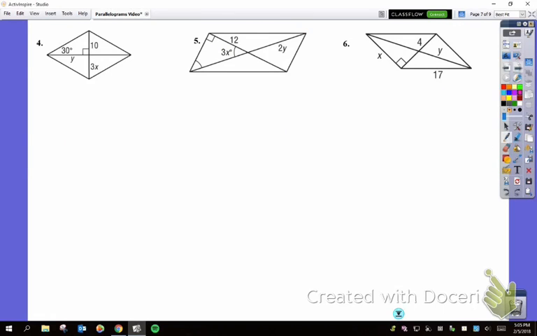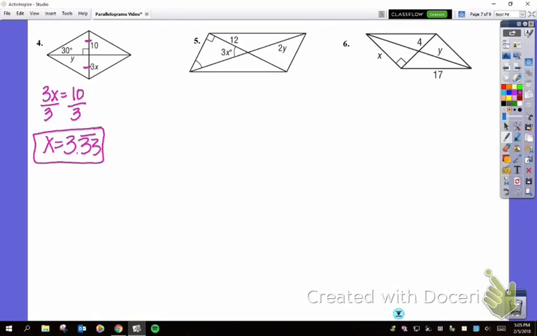Now, on example number 4, this one's where we get a little bit weird. We've got to look at our triangles. Now, we know that this piece is 10, which means it bisects this bottom into being equal parts. So to find x, we're going to say 3x equals 10. We're going to divide by 3, and unfortunately, we do not get pretty numbers. We get 3.33 repeating on this problem.